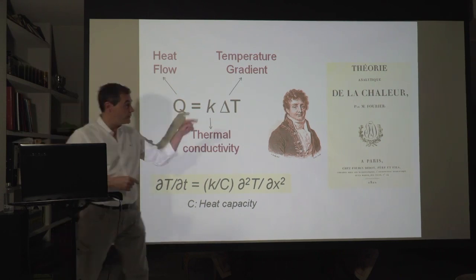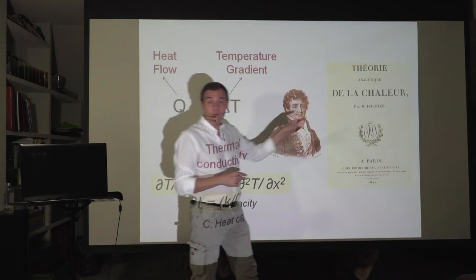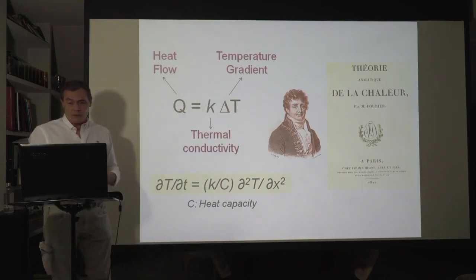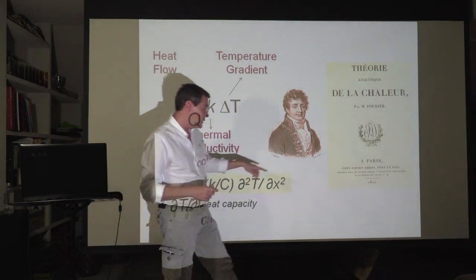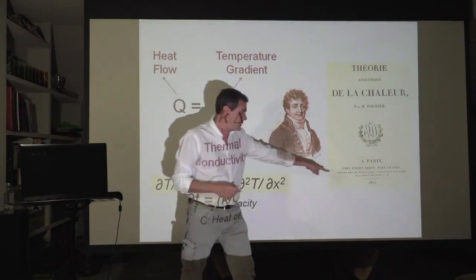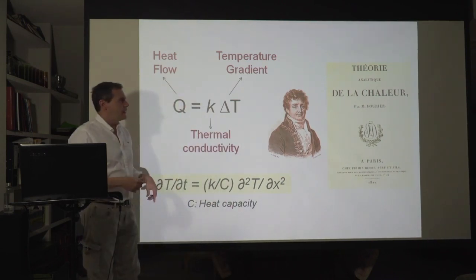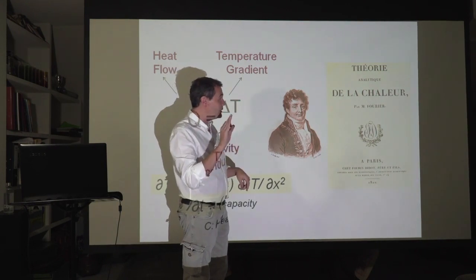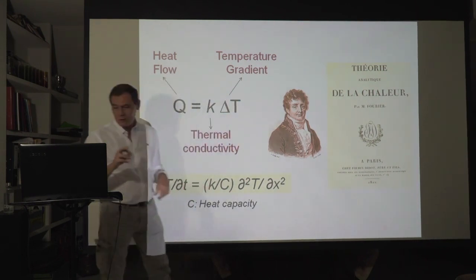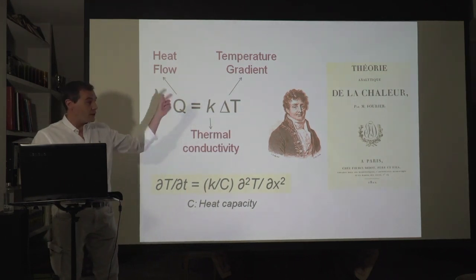This guy we have here is Fourier, a French guy, and he wrote a very important book in 1822, 200 years ago. He wrote this book, La Théorie analytique de la chaleur. I don't know French, but something like that. And this is the analytic theory of heat.